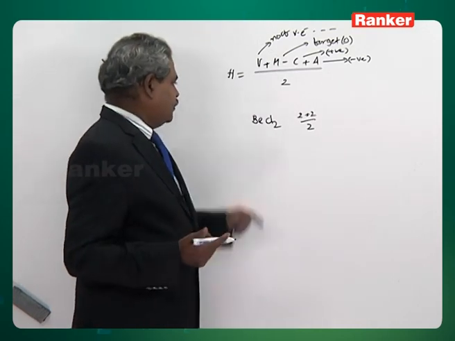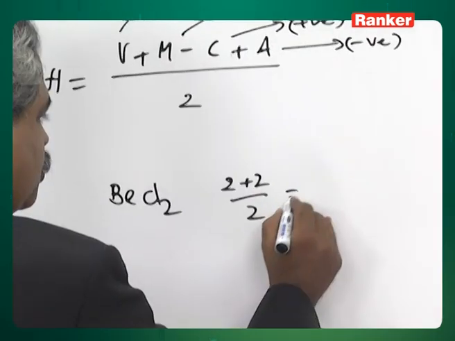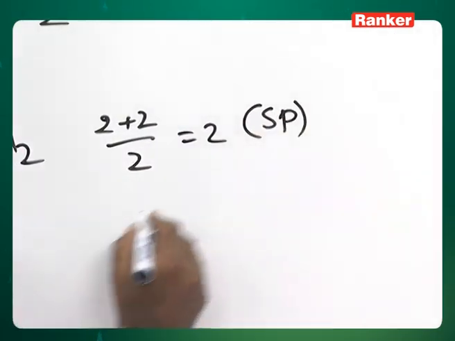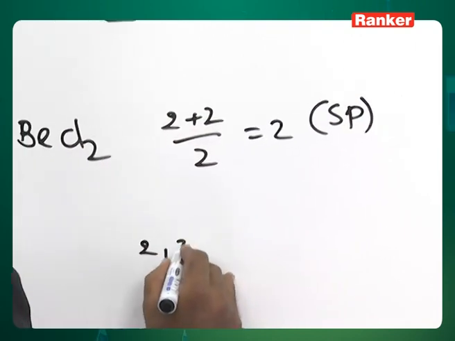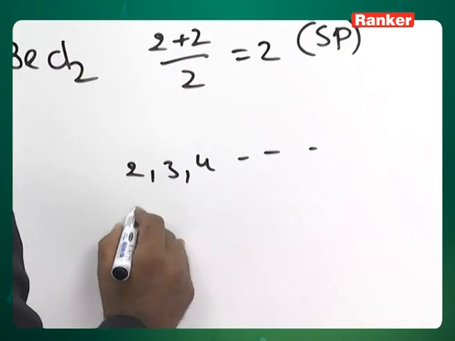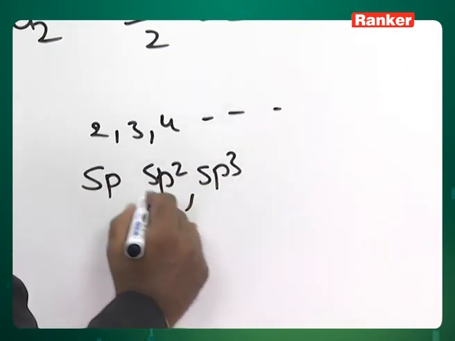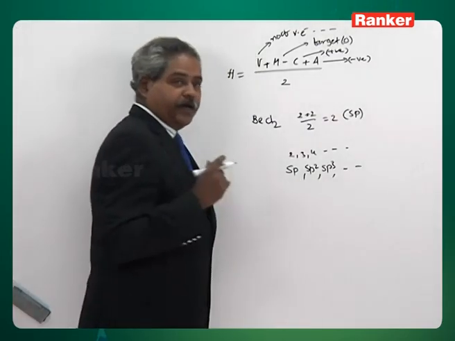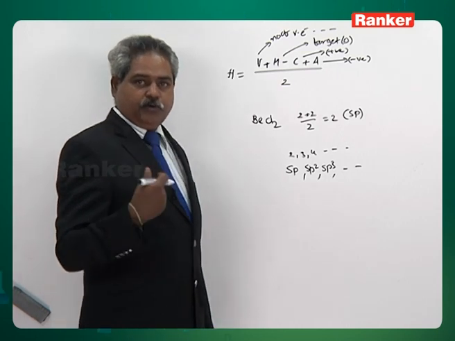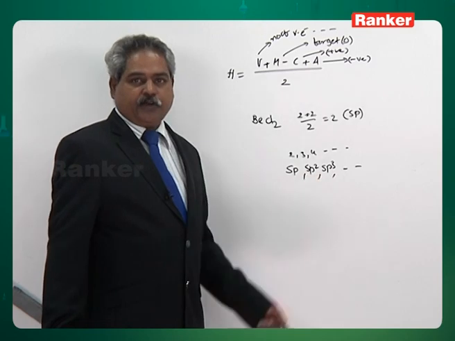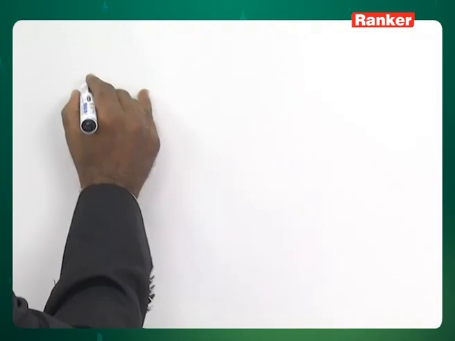It's not an ion. 2 plus 2 by 2, you get 2, sp. So 2, 3, 4, etc. amounts to sp, sp2, sp3, etc., sp3d, sp3d2, sp3d3. So s, p and d, if necessary, are involved.